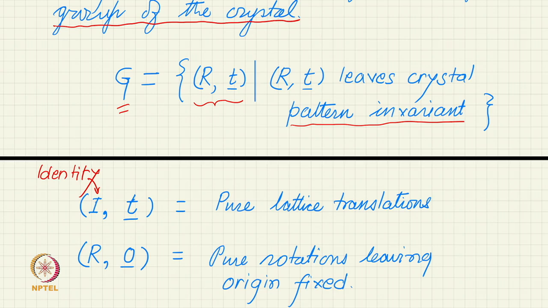So, identity followed by translation is simply a translation, and that translation, if it leaves the crystal pattern invariant, has to be a lattice translation. So, in the space group, if we have any affine transformation having the linear part as identity, or the matrix part as identity, that means it represents a pure lattice translation.